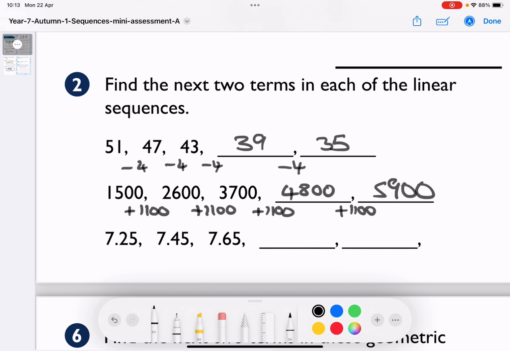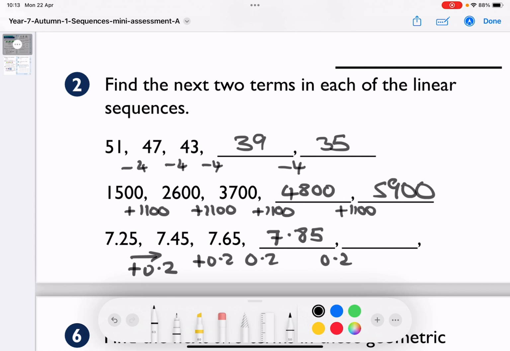Okay, good. And finally, looking at the next one here, I've got a decimal question. What is happening here is I am adding 0.2. So I'm adding 0.2 again. I'm not going to put the add on, so that's 7.85. And then I'm adding 0.2.